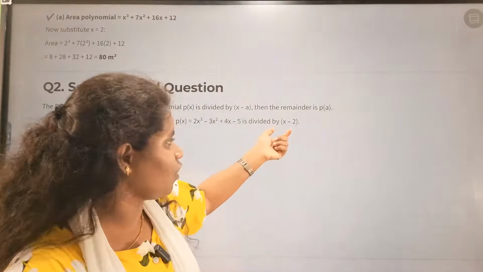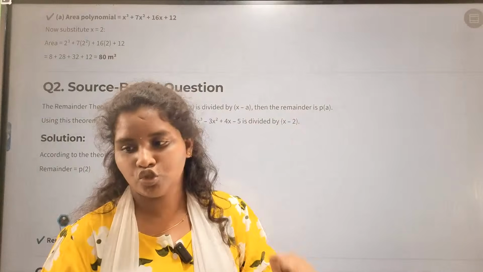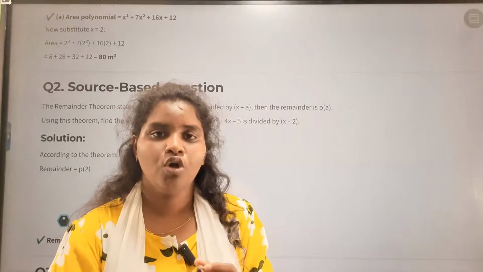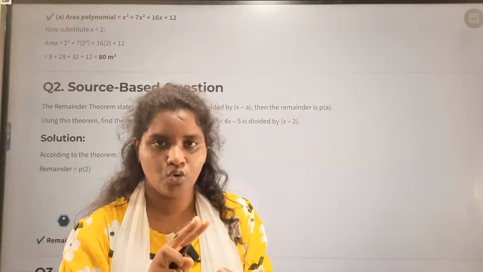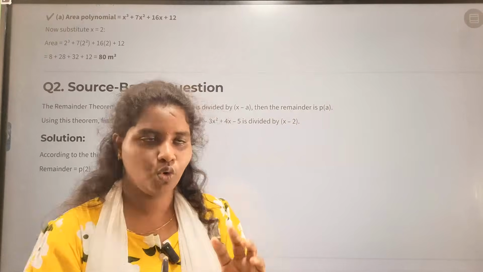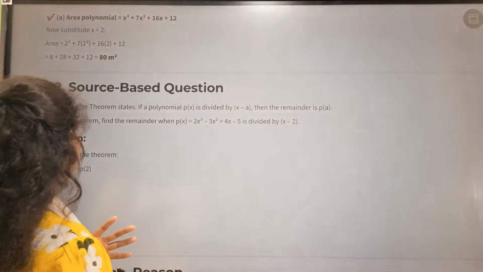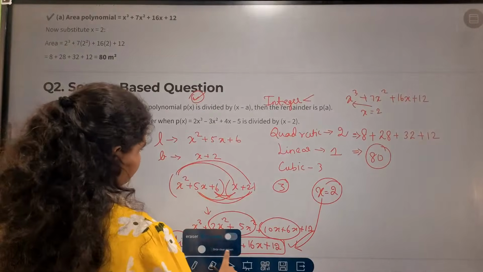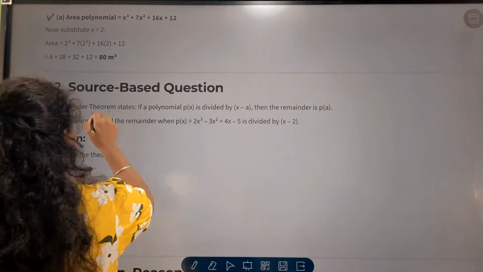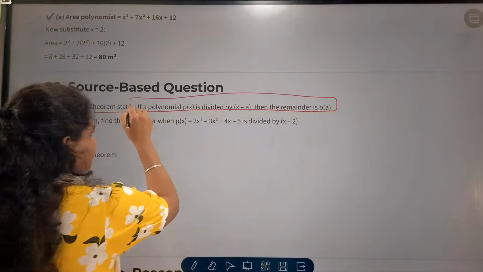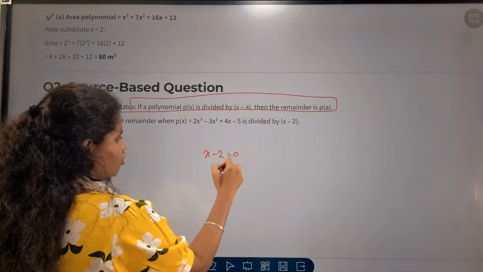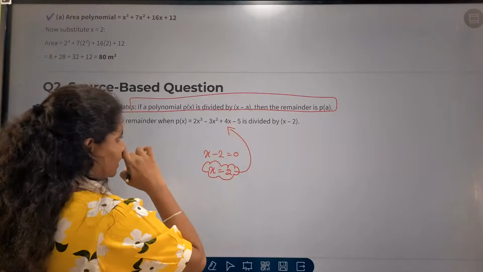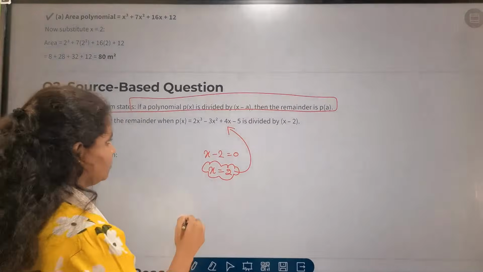So here the one factor is given as x minus 2. So x minus 2 is equal to 0, x is equal to 2. So we find the x value as 2. So just substitute the value 2 in this cubic equation, then we'll get the remainder value. So this is the condition for remainder theorem.